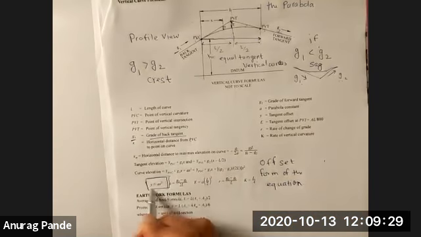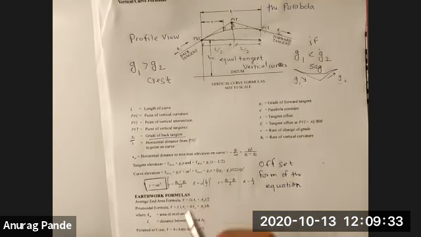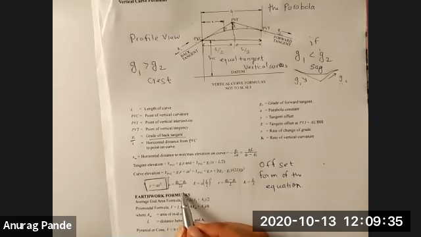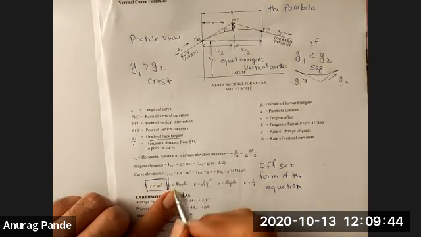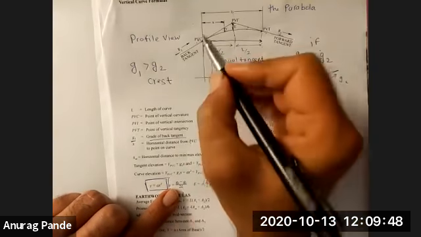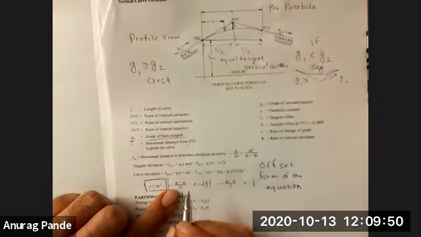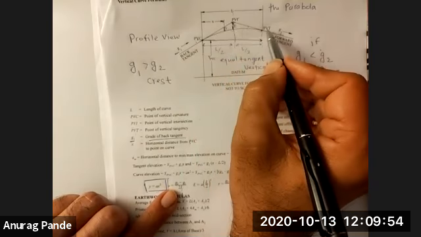Y equal to ax squared is the offset form of the equation, where small a is defined as (g2 minus g1) over 2L. Now, what is that actually? If you look at g2 minus g1 over L, g2 minus g1 over the length of the curve, that is basically that constant rate of change of the grade.